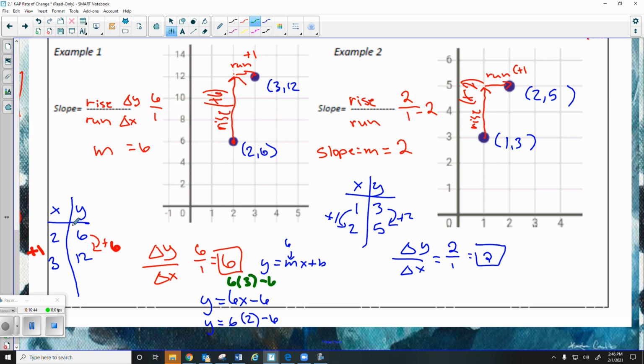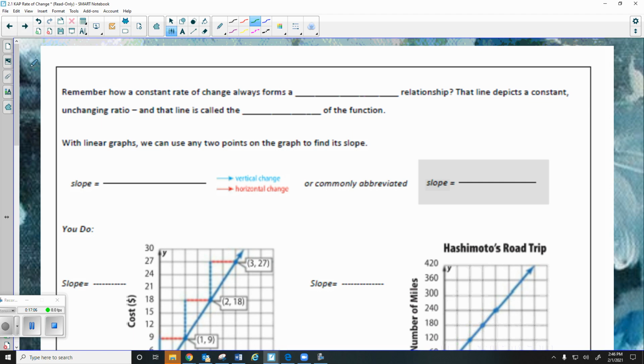I'm just showing you if you took a look and you're like, wait, it's not just 6x. You're correct. We have 2 steps that we need to do. You can try on this one. You will get y is equal to 2x because that's my multiplier, but I would still need to add 1 to get the correct outputs. And again, we'll practice that tomorrow.